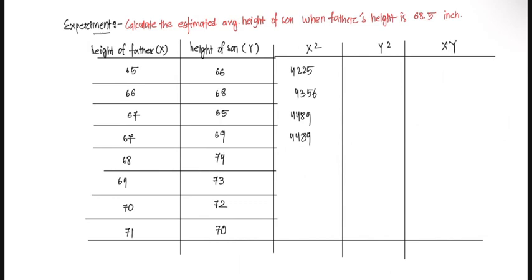Next is 68 multiplied by 68, 4624, 69 multiplied by 69, 4761, 70 multiplied by 70, 4900, 71 multiplied by 71, 5041.